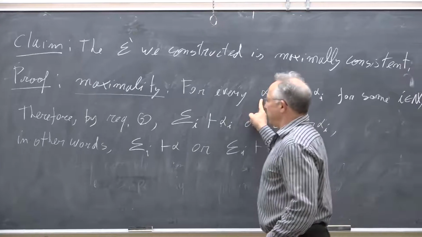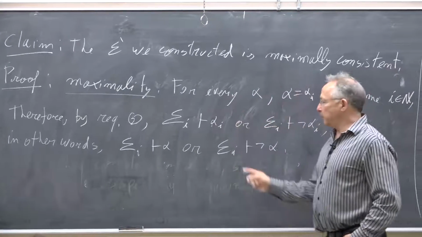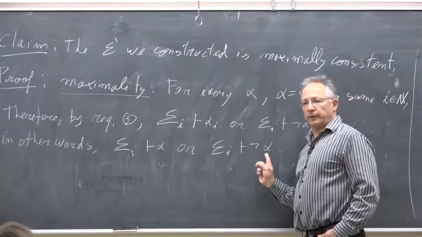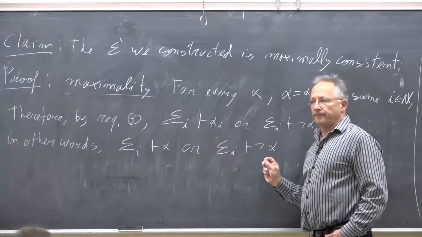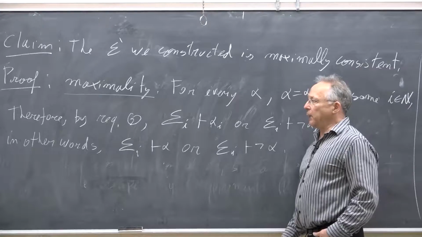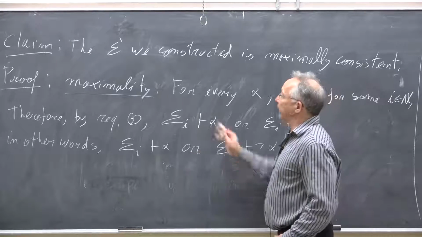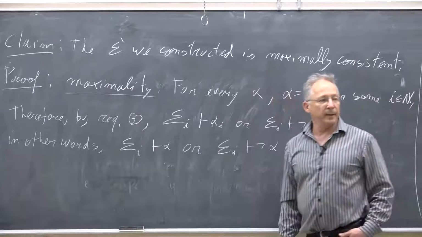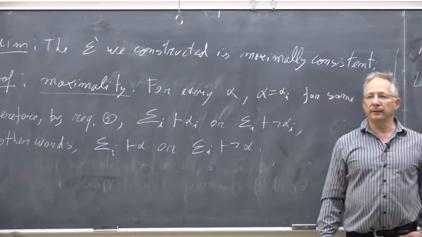So we started with some alpha. We got to some sigma i that either proved alpha or proved the negation of alpha. Right? Now, I don't care about sigma i, I care about sigma prime. So why does sigma prime prove either alpha or not alpha?